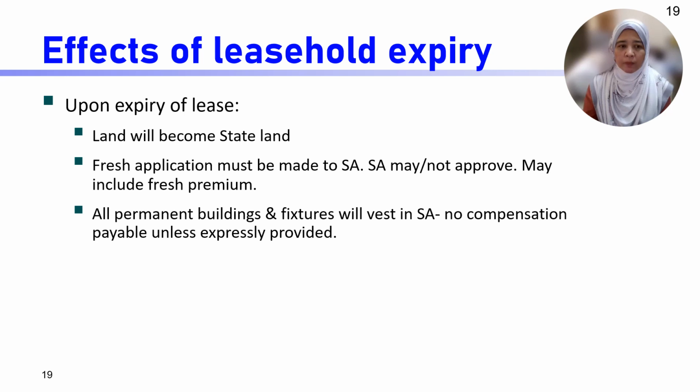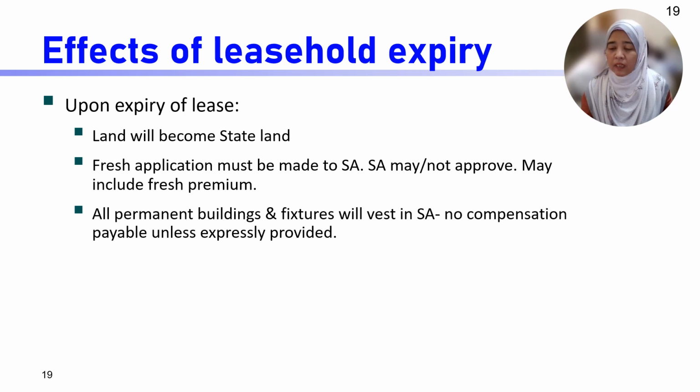And this is more important, all permanent buildings and fixtures will vest in the state authority. Vest means the rights are given to the state authority. No compensation will be paid, it's not payable, unless expressly provided.